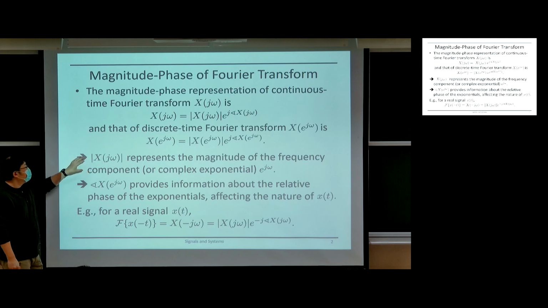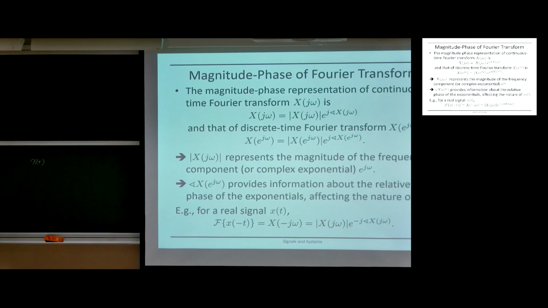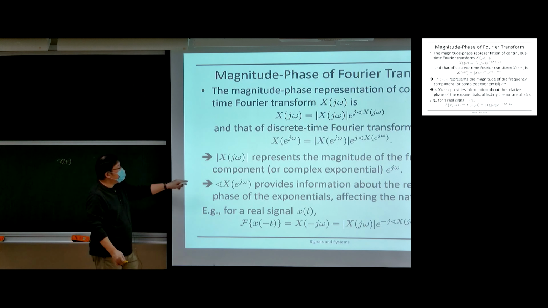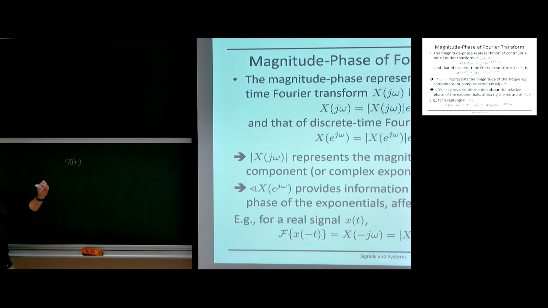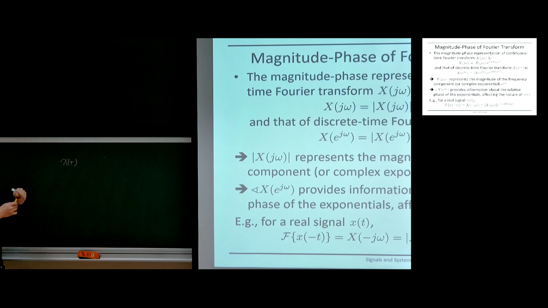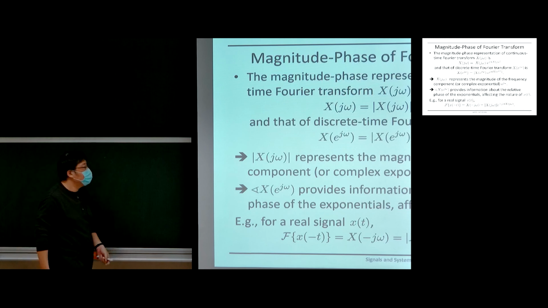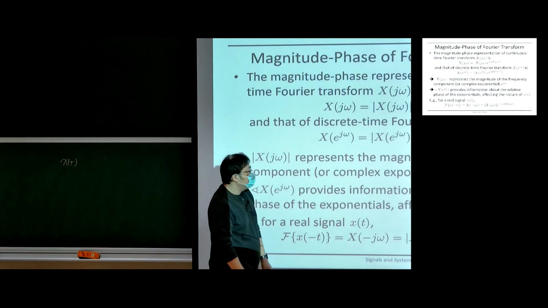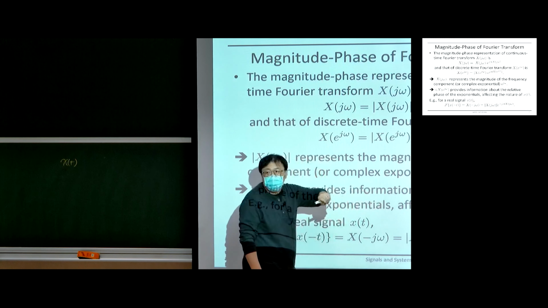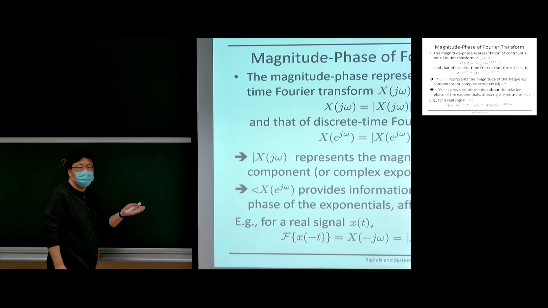So again, Fourier transform tells us that, for a signal x of t, we know what are the frequency components contained in this signal. For certain frequency components, they may have a smaller contribution, but for other frequency components, they may have a larger contribution. And the magnitude basically tells you how much contribution is contained in each different frequency component.